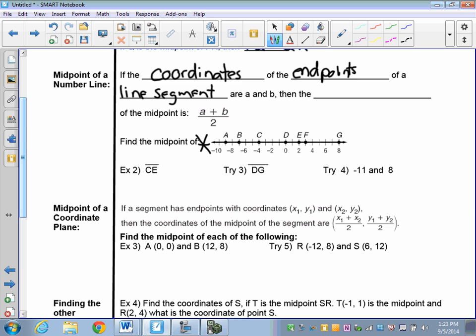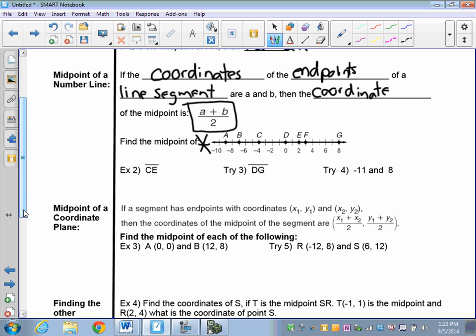If the coordinates of the endpoints of a line segment are A and B, then the coordinate of the midpoint, and we're given this equation right here. So midpoint is very simple. We just add up the two coordinates and divide by 2.